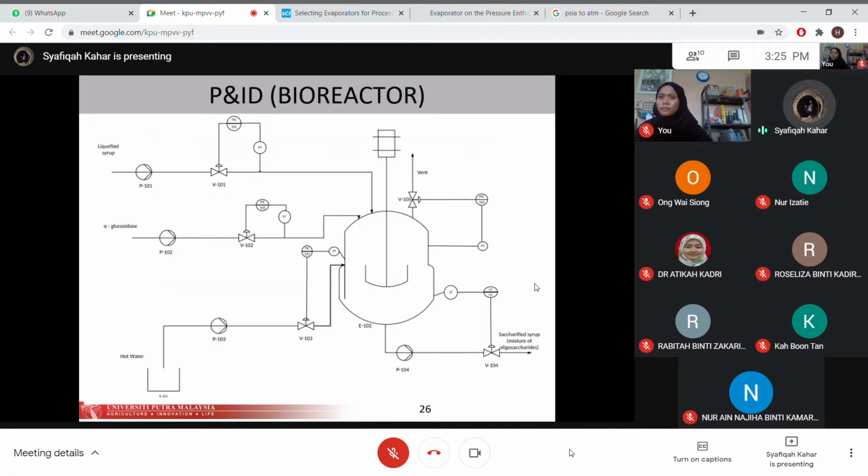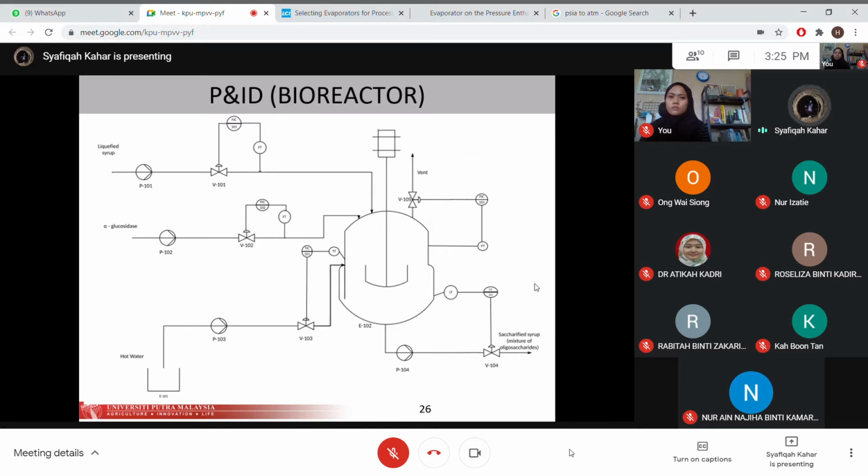Okay, next one is the P&ID for the bioreactor for the centrifugation process. Firstly, this bioreactor has feed, so the flow rate of the feed has to be controlled. And then the most important is the temperature in the reactor, because this is important for the reaction to occur.